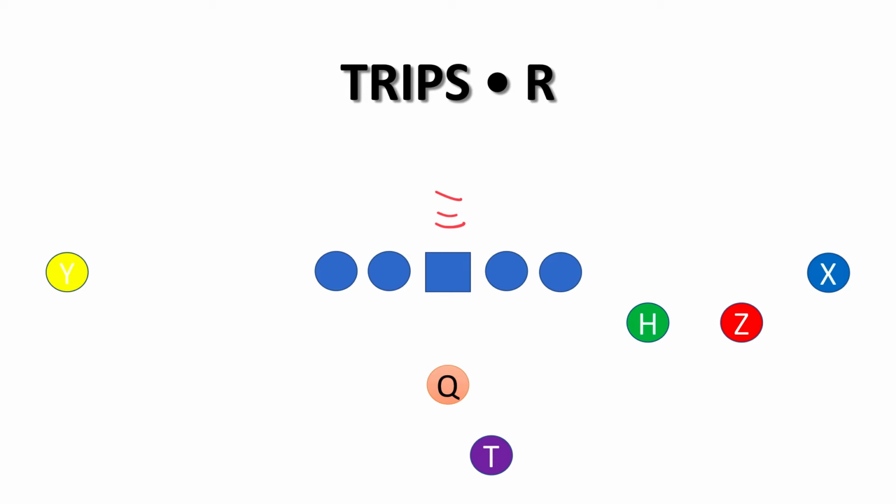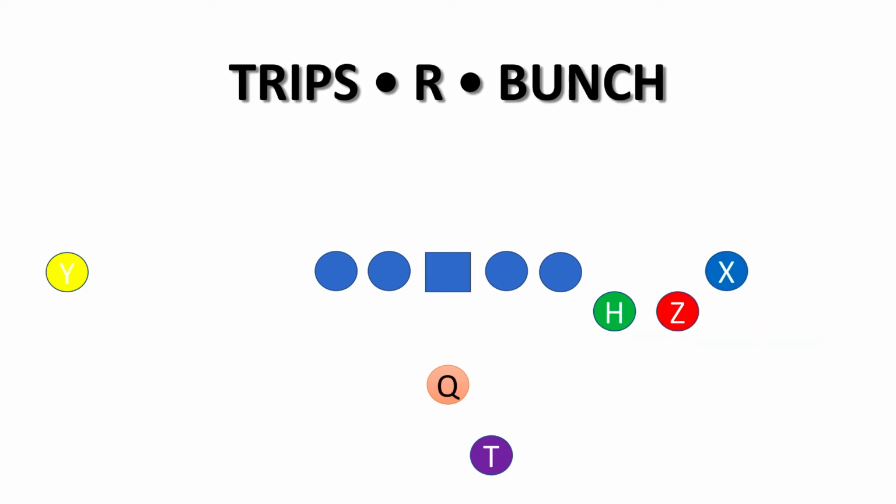That means this outside receiver should be 1 to 3 yards from the sideline in a max split, and this receiver is going to be on the other hash. If that's 17 yards total, it's really going to cut the splits down between these three because you're running out of room. But this guy should be in a max split, 1 to 3 yards from the sideline depending on his route, probably 1 yard because it's trips into the boundary. That will give you more room for these splits to be even across the board.